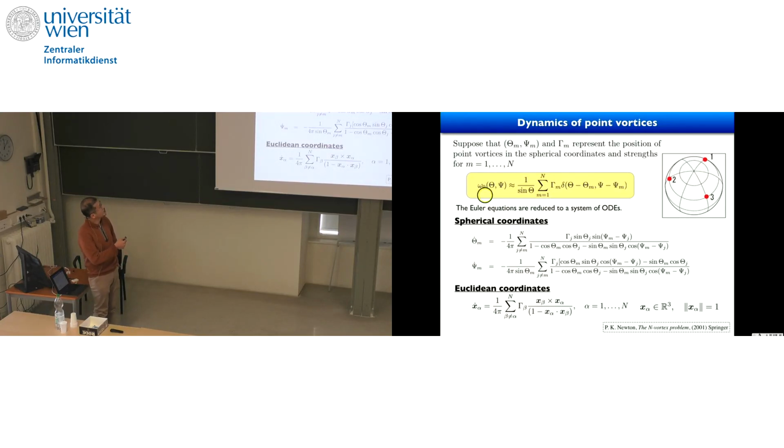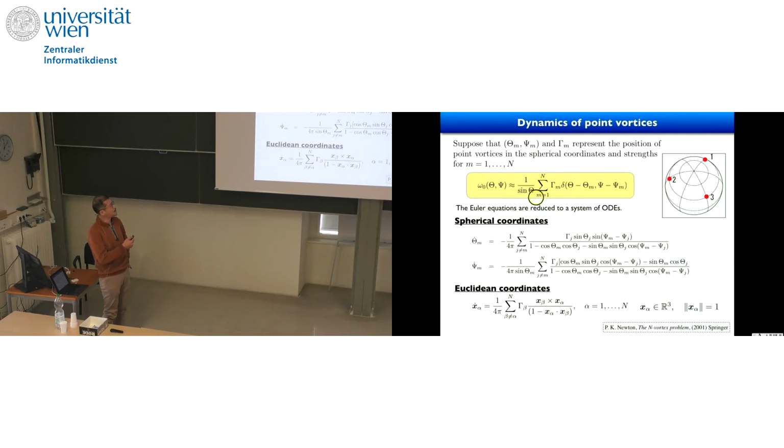So this is an assumption here. Suppose that there are N point vortices located at theta m and phi m, and the circulation around each point is given by gamma m. Then the vorticity is approximated by this linear combination of delta functions, whose support is located at the location of the point vortices, theta m, phi m, with the strength gamma m.